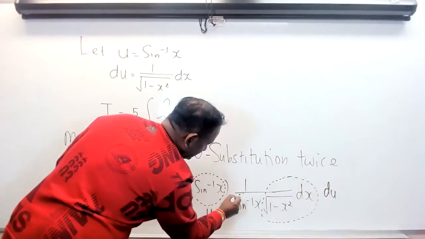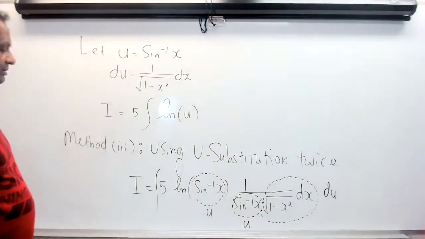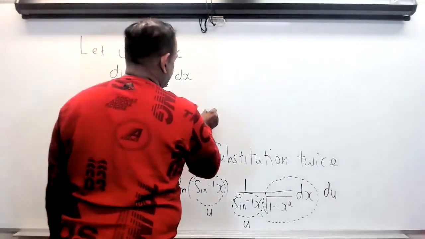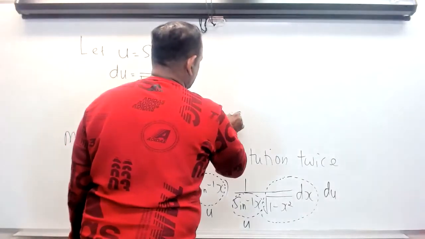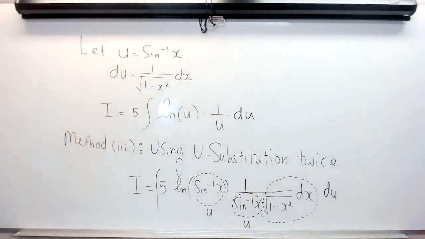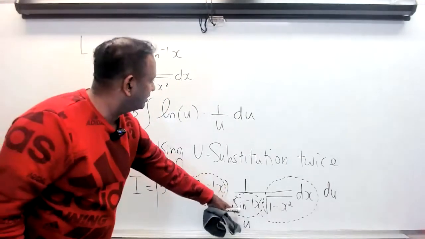This part, whole thing is u again. So you have times 1 over u du. See, it comes like that. 5 times the integral of ln u times 1/u du.